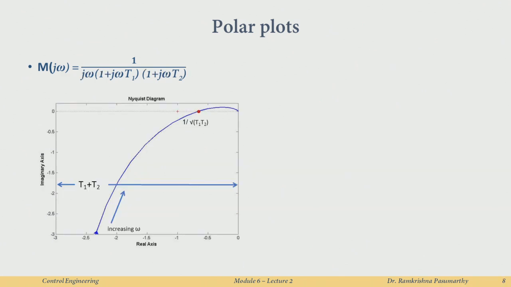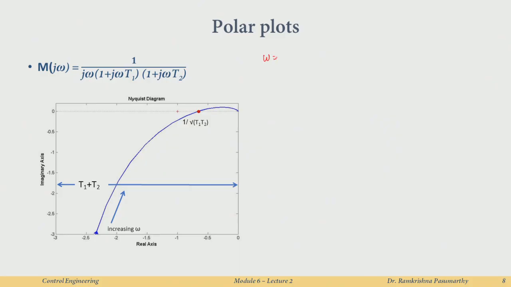The next thing. What if I add a pole at the origin to the previous transfer function? This is just the previous one to which I add j omega. Let's do some simple computations.